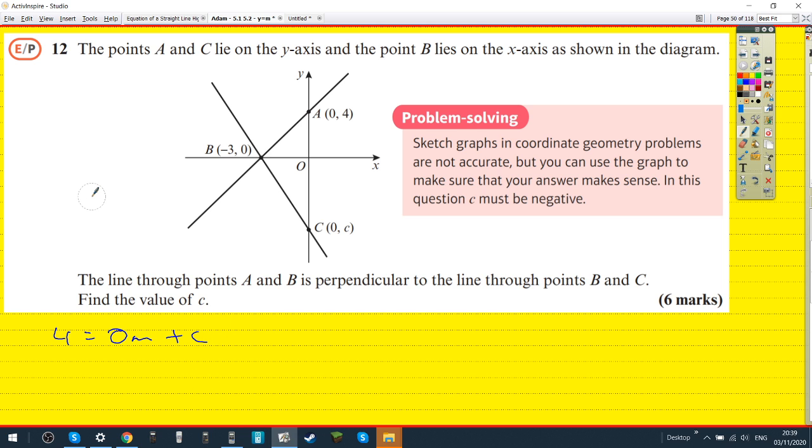What would be the other one? 0 equals minus 3m plus c, or I suppose m minus 3. How can you get the gradient?